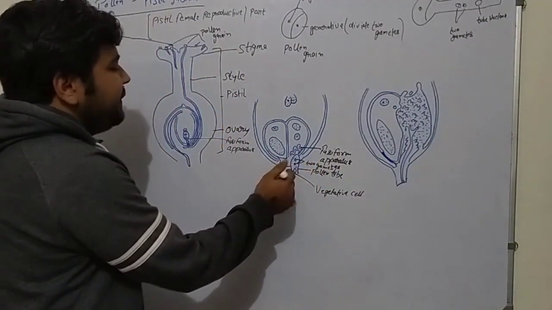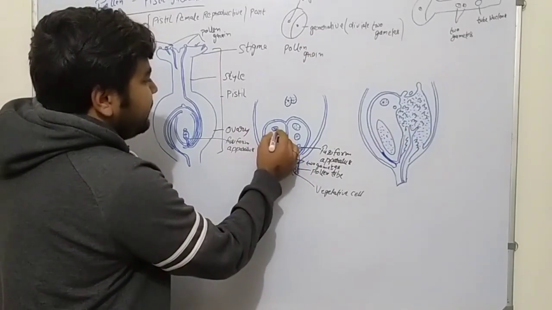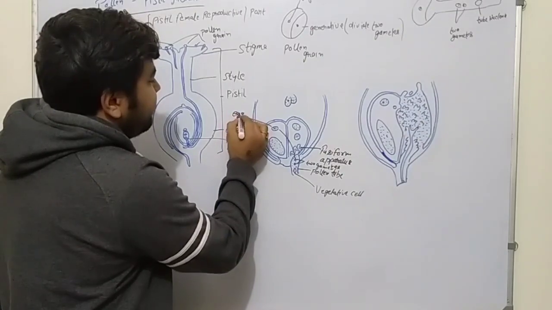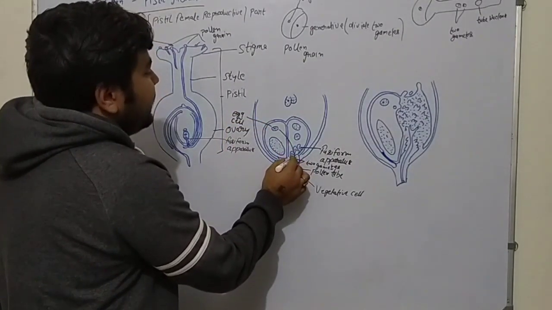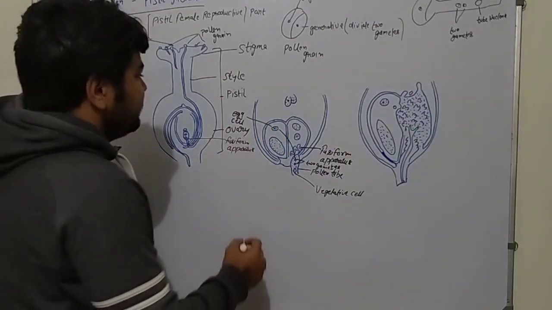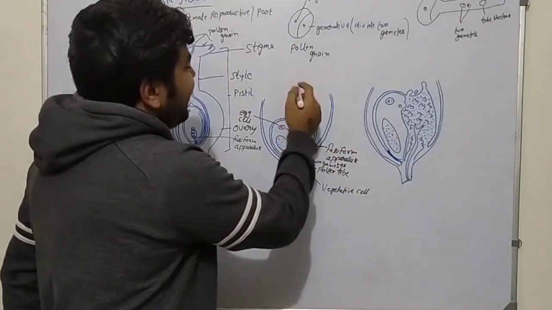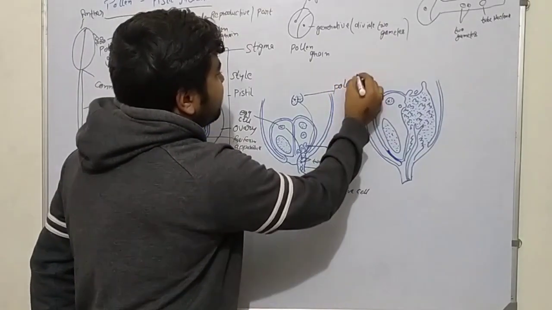One of the two gametes reaches the egg cell. This is the egg cell. The gamete fuses with the egg cell. This process is called syngamy. And the other gamete interacts with the polar nuclei and forms the triple fusion.